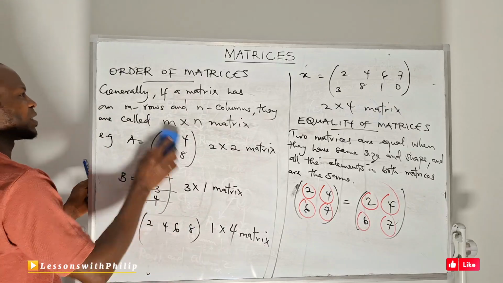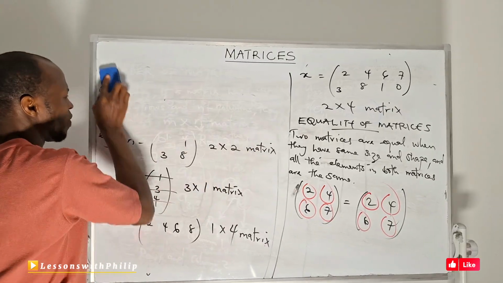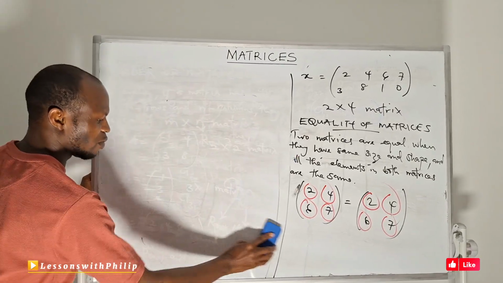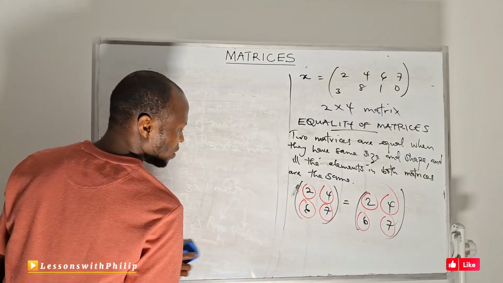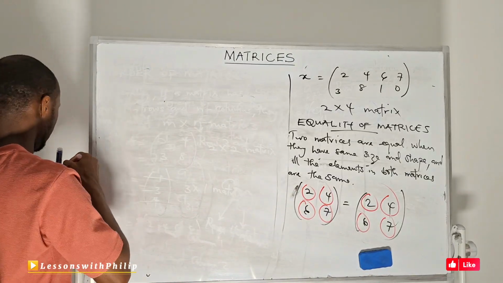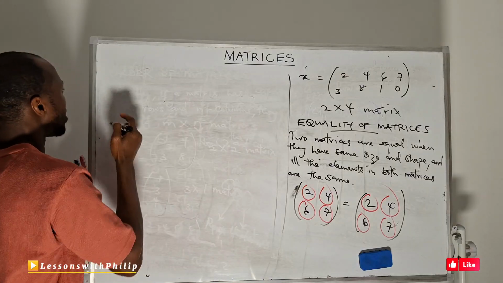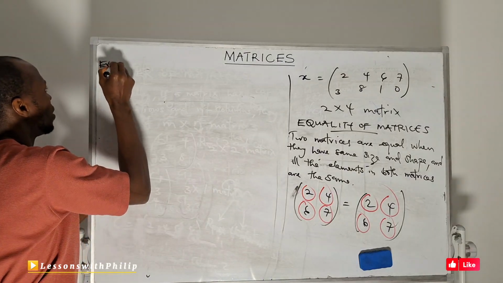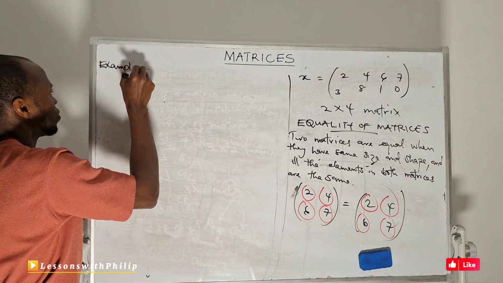What's the essence of this equality of a matrix? Let's give some examples and we solve that. We do many examples in this place. Okay. Example.